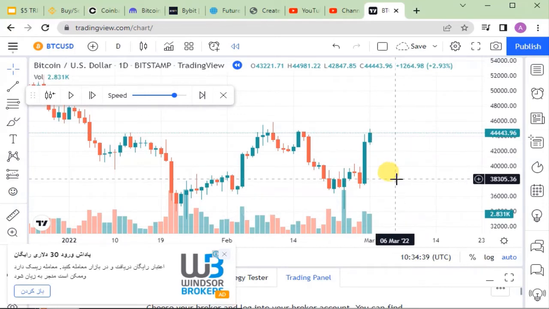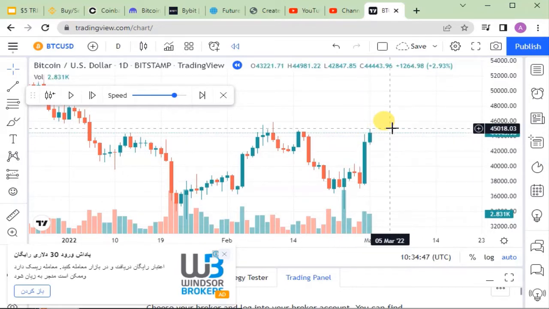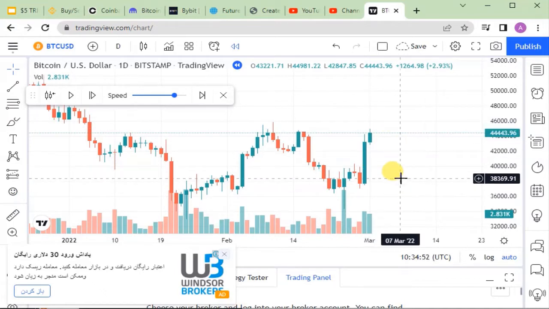But oftentimes I might not be able to wait for it to go to this point, and I know that this is the exact point I want to enter the market. So I'm going to place a buy limit order around it. At the current price, Bitcoin is selling at 44,000 USD.